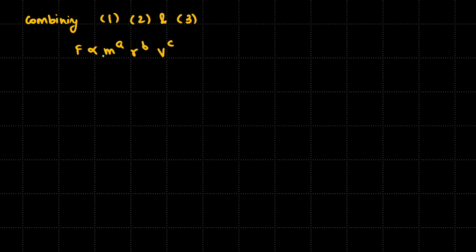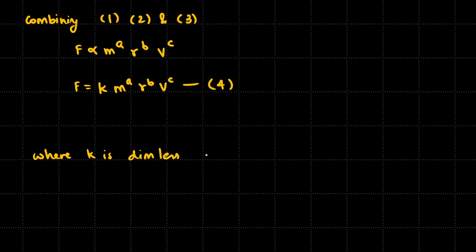To remove this proportionality sign, let's add a proportionality constant, which will be k. It can be anything, but I'm writing k to make it easier for me. So F equals k m to the power a, r to the power b, v to the power c, and this will be our equation 4.